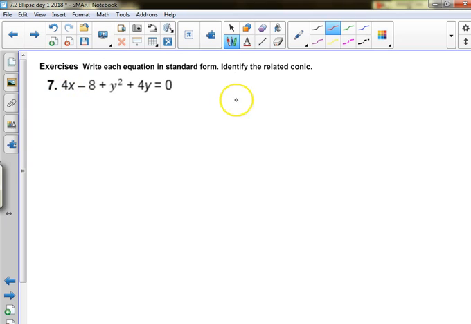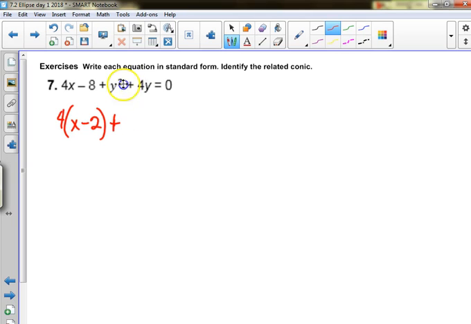See, I kind of want to move everything over to the other side that doesn't have a squared, but we can leave it. Let's just take, what do you want to do? If we take a 4 out of those, what will we have? We don't have to complete a square there, right?